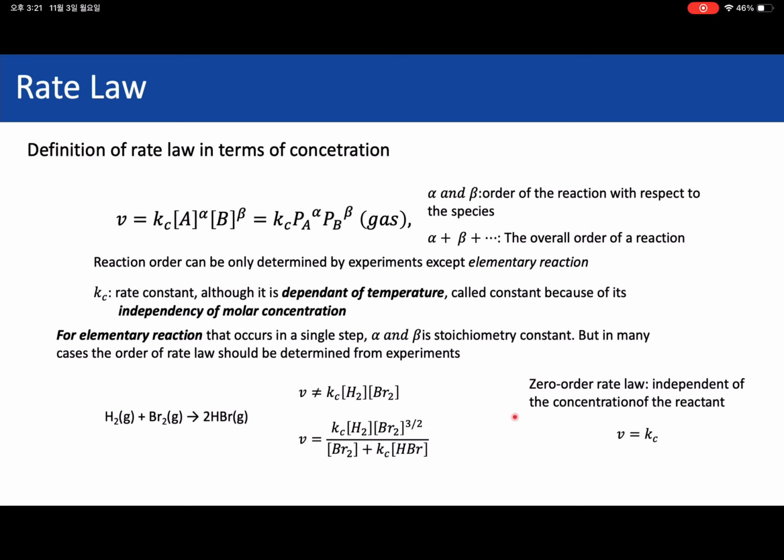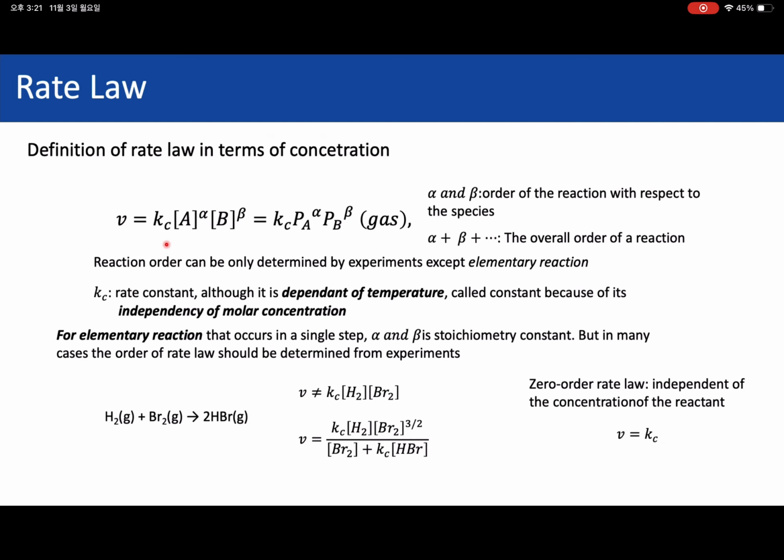The important thing to take away from this slide is that this rate law, which is the speed of reaction, can be expressed in terms of the molar concentration of reactants raised to some power alpha or beta, where alpha and beta are the orders of the reaction, multiplied by the rate constant.